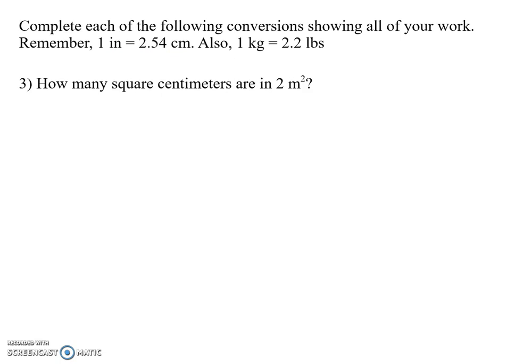All right, and the third one here, we want to go from 2 square meters to square centimeters. So one way to think about this is that I have 2 times 1 meter times 1 meter. And I've got to think about, well, I need to change my 1 meters over to centimeters.